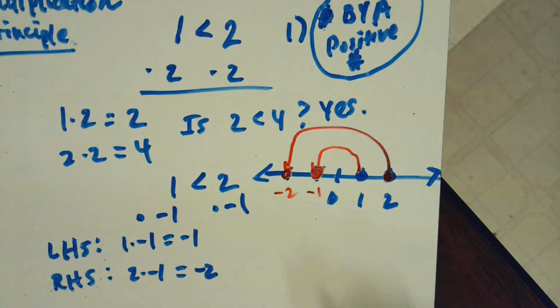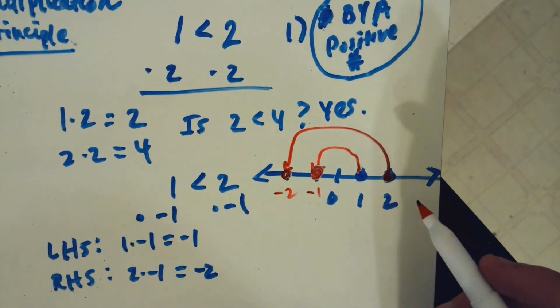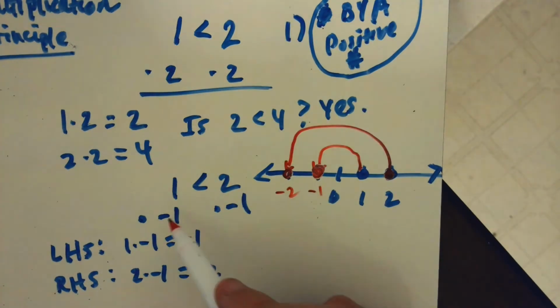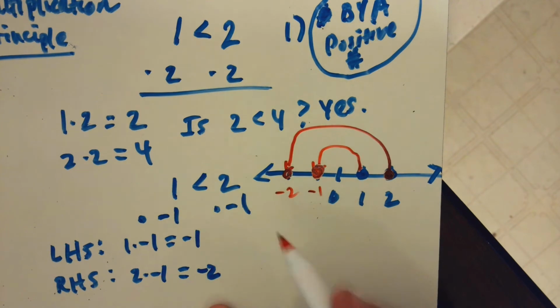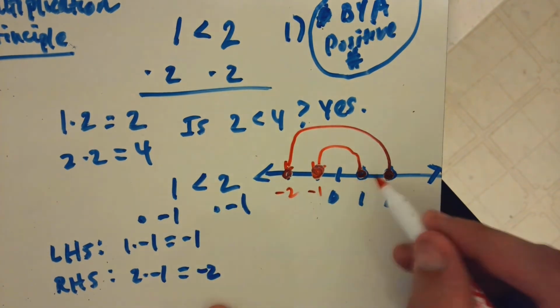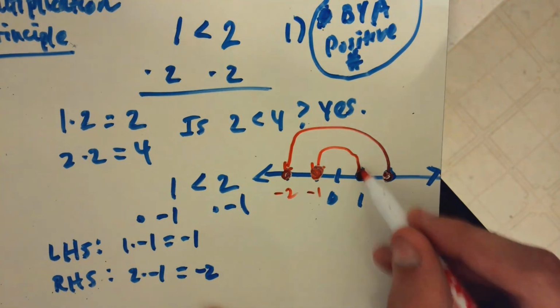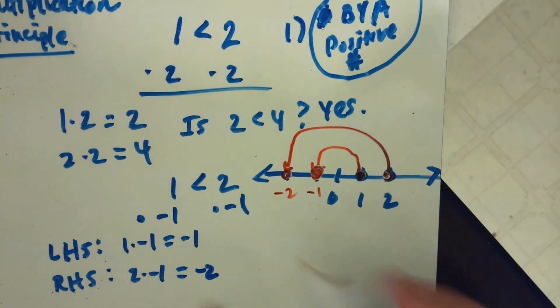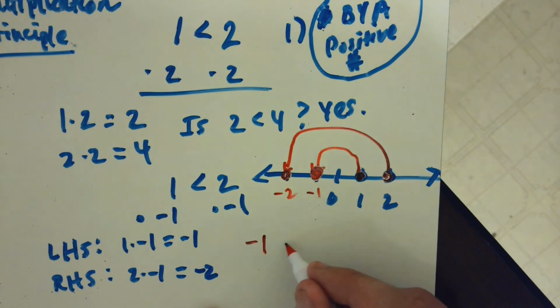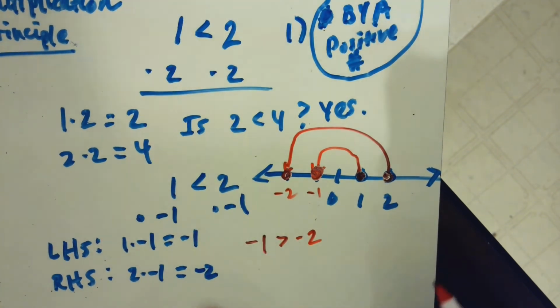So notice that multiplying by a negative sign actually reversed our inequality. Because originally we had 1 was less than 2, we multiplied by negative 1, and then we actually got that negative 1 has to be greater than negative 2, right?